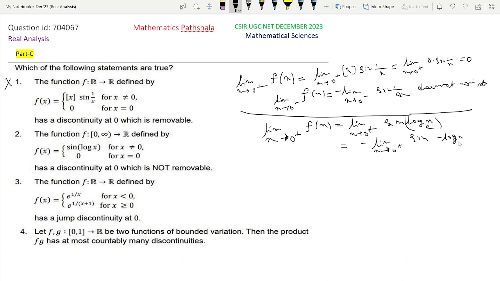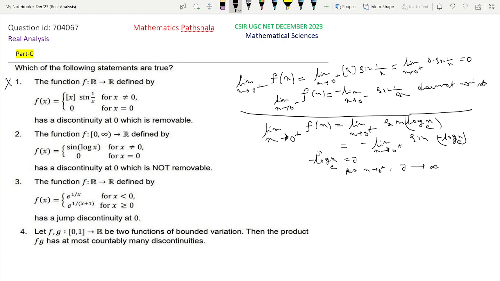Now as x tends to 0 plus, minus log x is positive. Let us put minus log x equal to y. As x tends to 0 plus, log x tends to minus infinity, so minus log x tends to plus infinity.